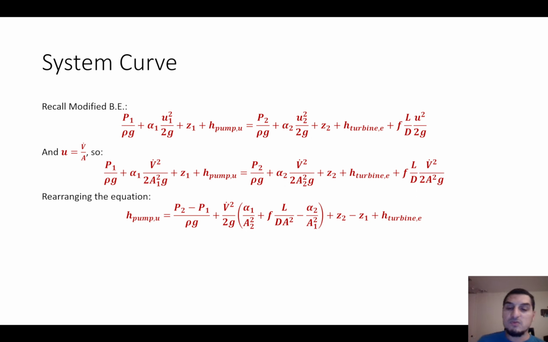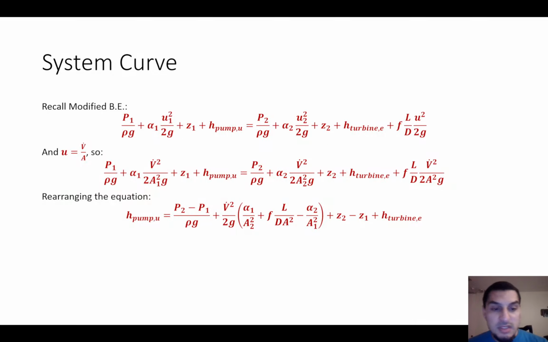Now if we look at this equation, we'll see that as the volumetric flow rate increases, the pump head will increase, and this is very logical. You have a system and you don't have a specific pump yet, and you're just trying to find out your needs. Using this equation, you can tell for any specific volumetric flow rate how much head you need.